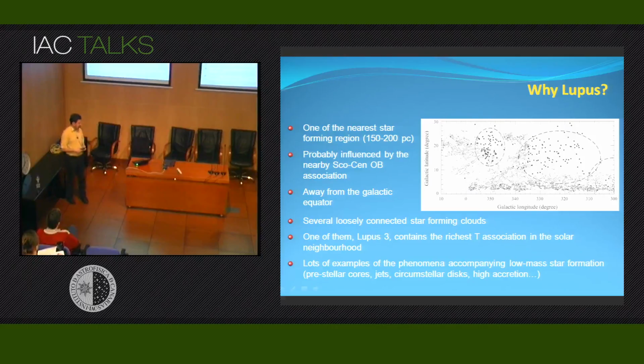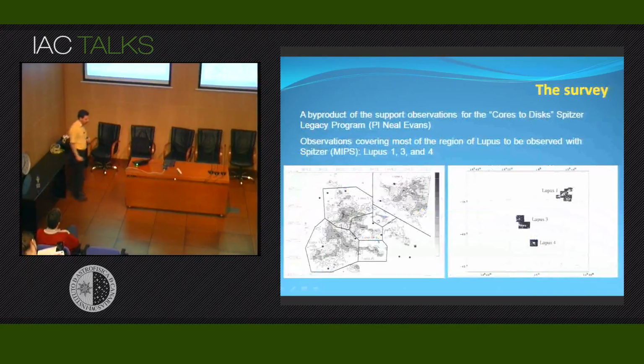The topic I'm going to talk about, or the observational material that motivates the work that I'm going to present, has to do with a survey that we carried out using the 2.2 meter telescope on La Silla with a wide field imager of half a degree by half a degree field of view. It was conceived initially as a byproduct of a legacy survey to be carried out with Spitzer, which is now fortunately completed.